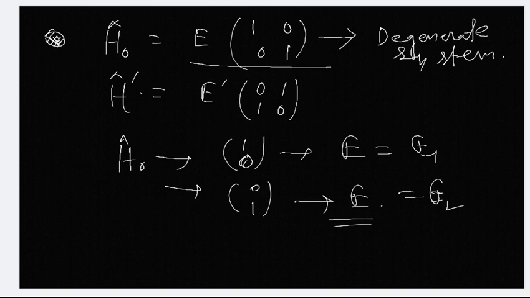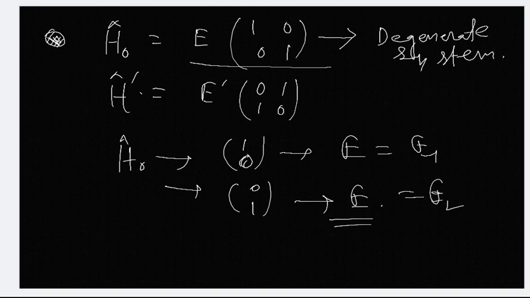The formulas for non-degenerate perturbation theory are limited to the non-degenerate case. For the degenerate case, you cannot apply those formulas. So you have to develop separately for the degenerate system.